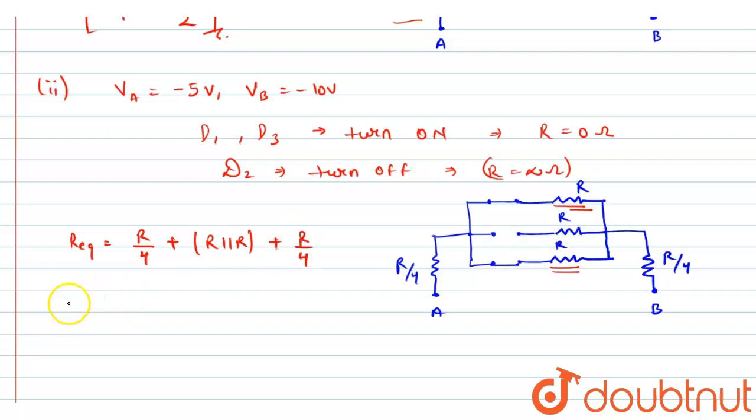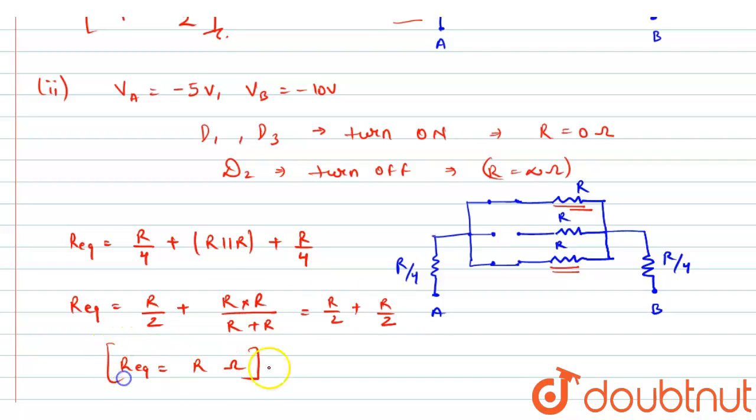So R by 4 plus R by 4 will be R by 2, plus for this parallel combination we will have R into R divided by R plus R, which will also become R by 2. So R equivalent in case 2 will come out to be R ohms. So this is for the second part.